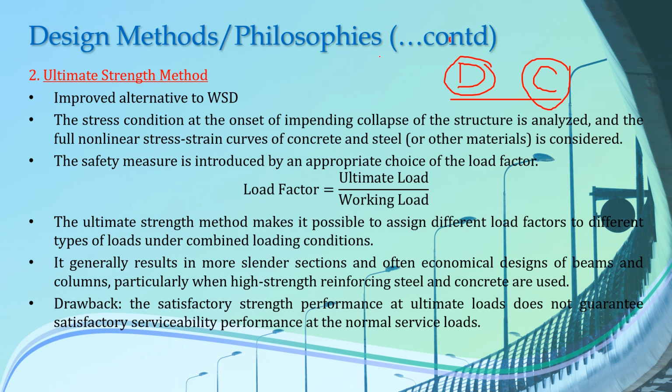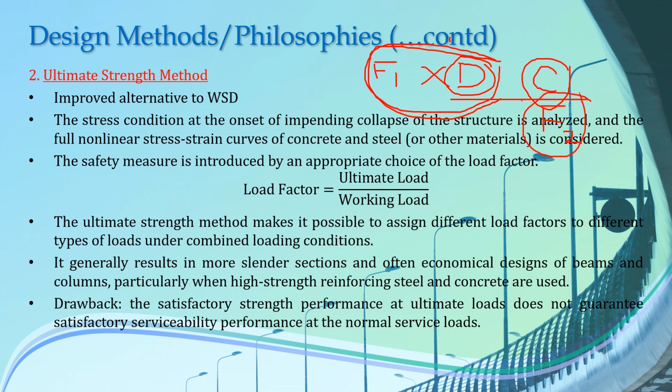So the demand on our structure, or the load effects on our structure, is increased by multiplying with a certain factor of safety, let us say F1 here. This F1 factor of safety is greater than 1, so that our total demand is increased, whereas the capacity of our material is generally reduced by using a certain factor of safety F2.